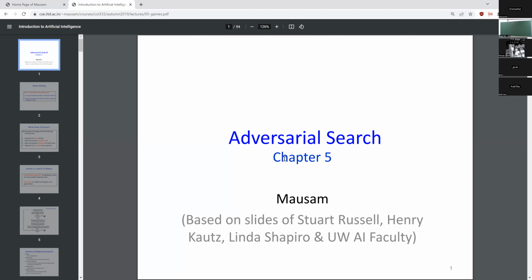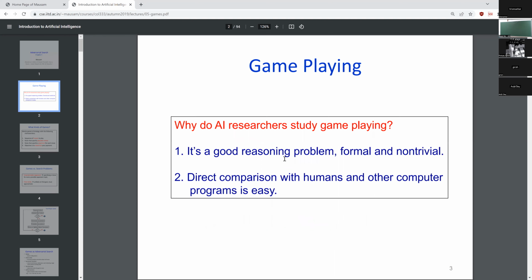So the scenario is that your agent is not alone, and you want to achieve a goal in the presence of adversaries. So how do we achieve our goals algorithmically? That's the discussion today. A typical scenario where such an adversary comes in the picture is games, for example two-player games.